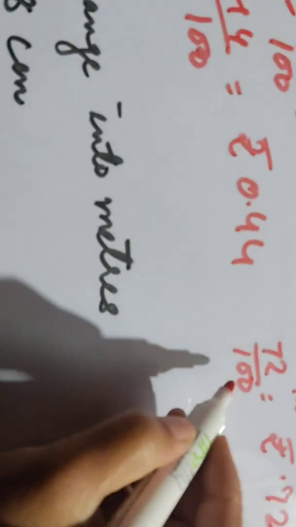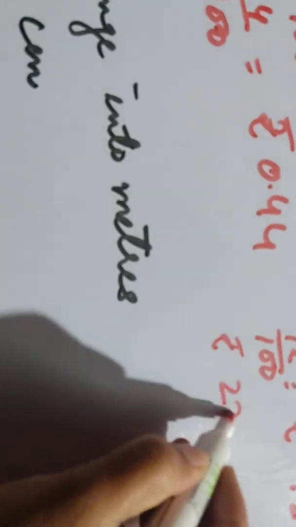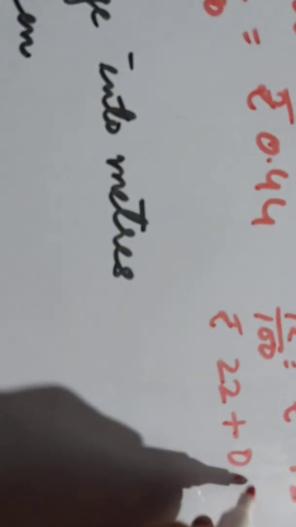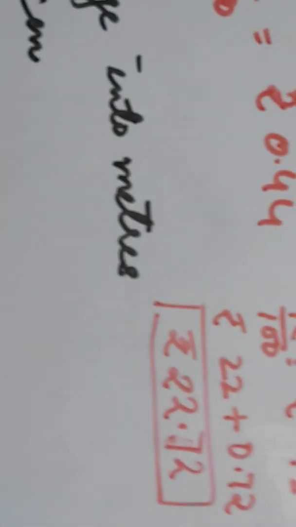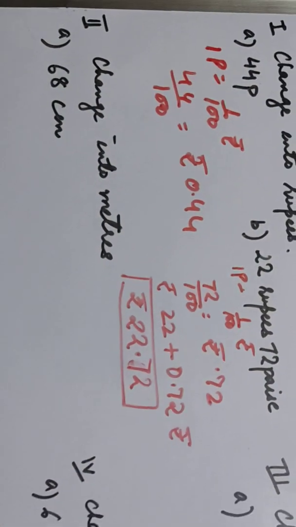Got it? Now this is rupees and this is already rupees. When we add them, rupees 22 plus 0.72 rupees, what is the final answer? Rupees 22.72. Got it?